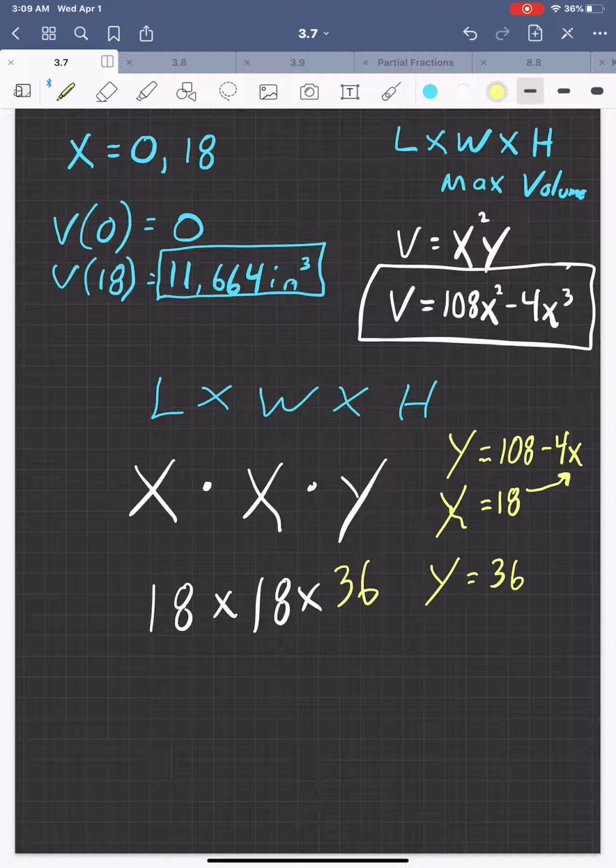If you don't mind, I'm going to grab my cell phone and use a calculator. 18 by 18 by 36, 11,664 cubic inches is the correct volume. If you were able to do that in your head, congratulations.